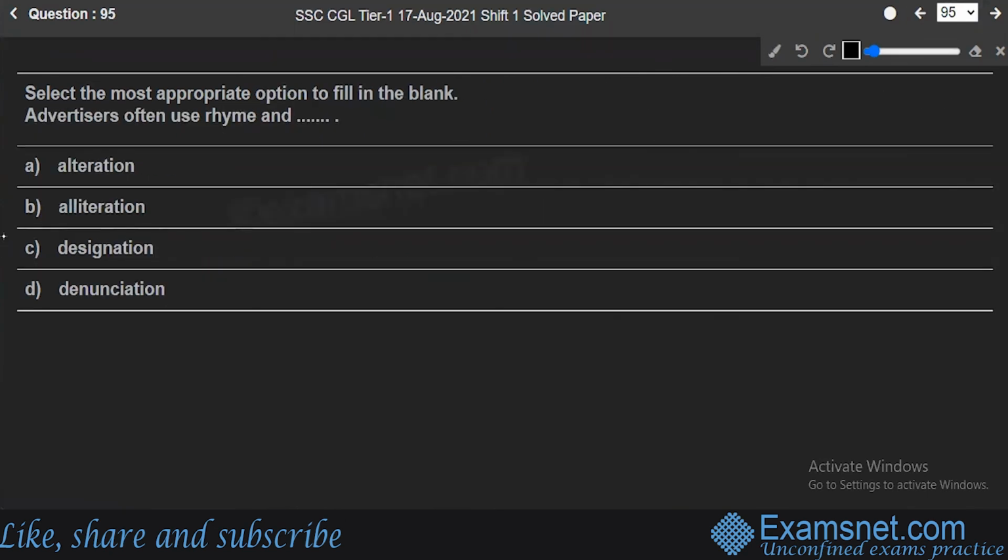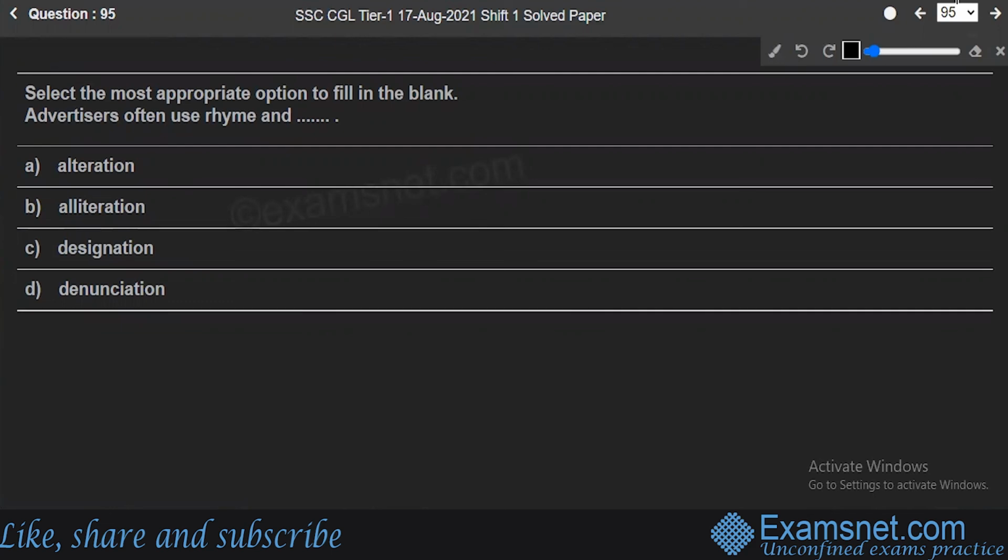Select the most appropriate option to fill in the blank. Advertisers often use rhyme and blank, and the options are alteration, alliteration, designation, or denunciation. The most appropriate option to fill in the given blank is alliteration.